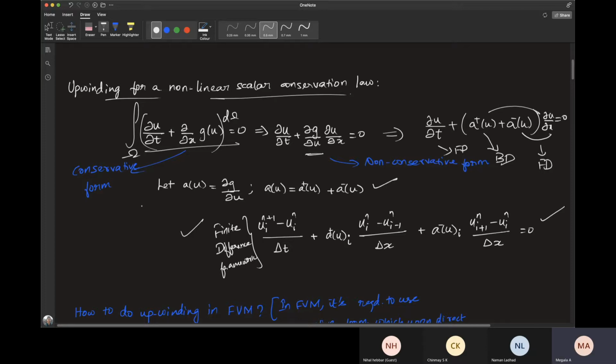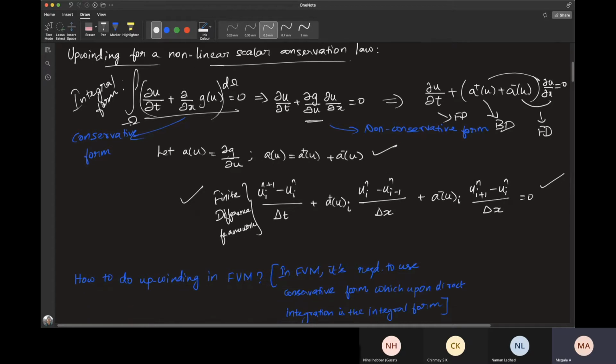This is now the integral form. When we integrate this conservative form, we get the integral form. So we essentially start with the integral form of the conservation law in the finite volume framework. It's just an integral, right? We can differentiate it back with respect to the domain and get back the conservative form.